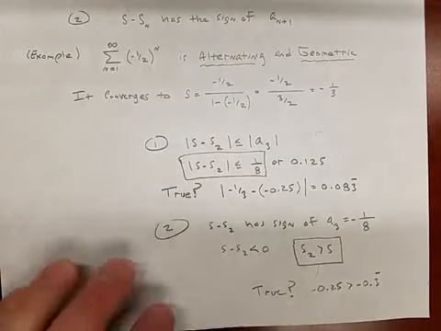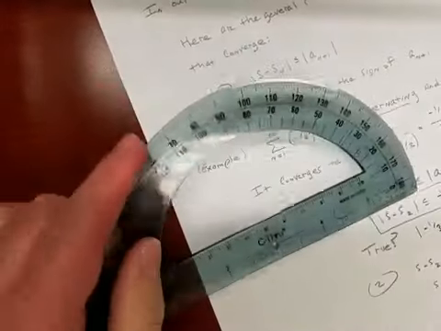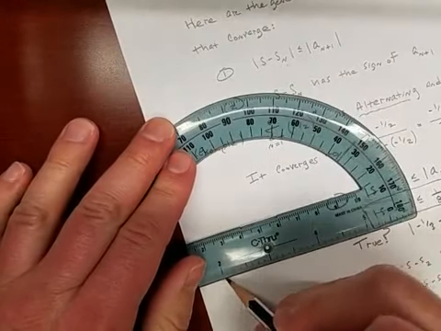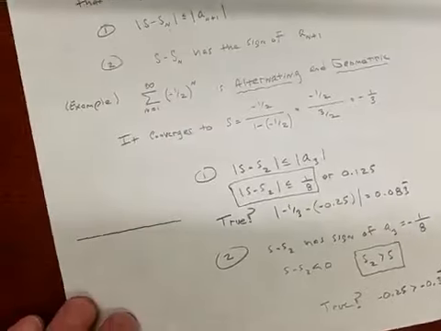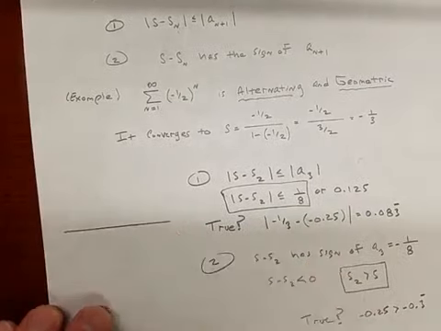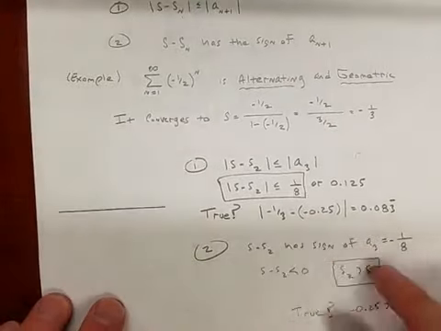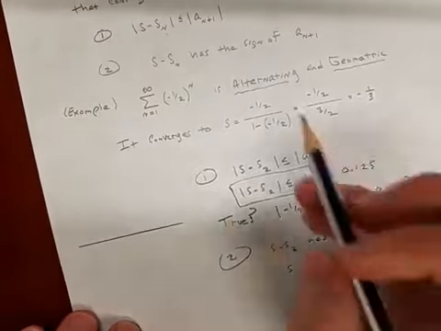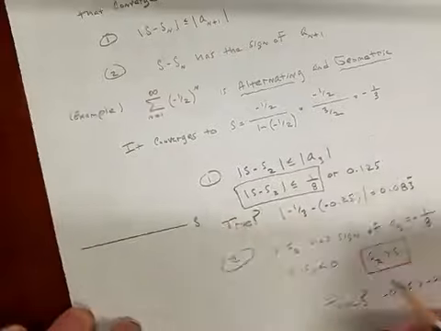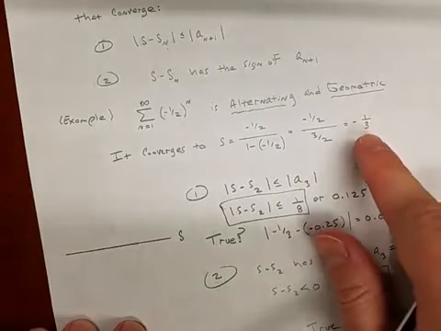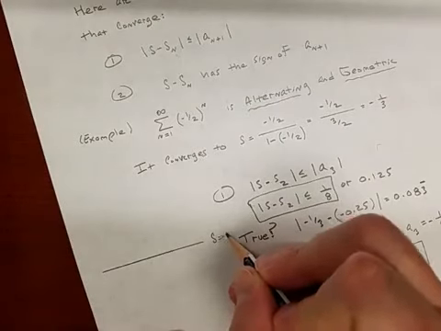Now I want to do one last thing, and I want you to have this image stick in your mind, because all alternating series work this way. This image, if you can grasp it right now, will help you remember this later. In that series, it converges to S, to negative 1/3.